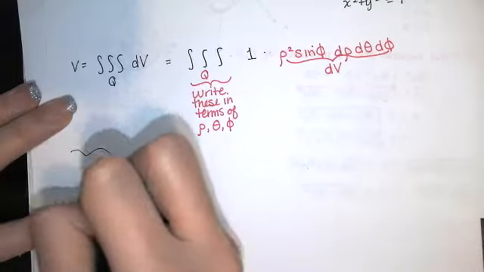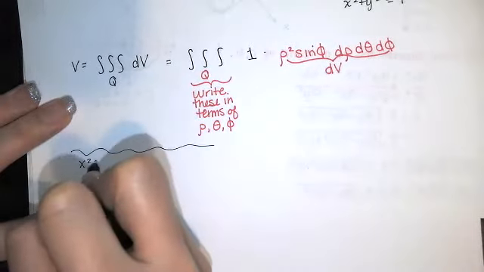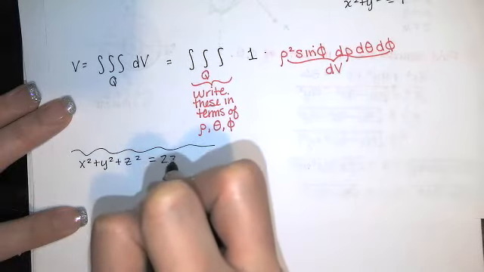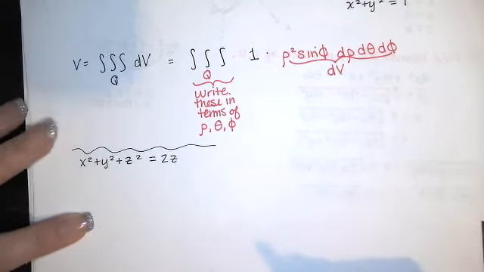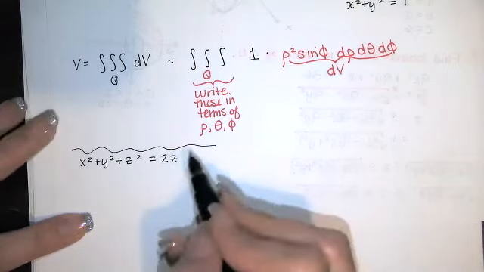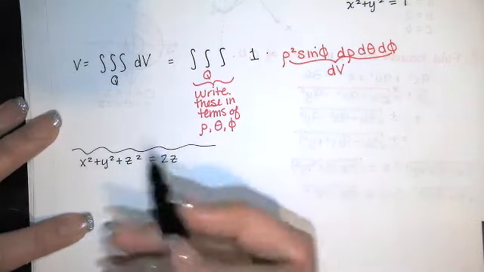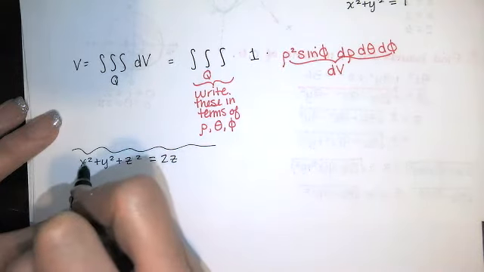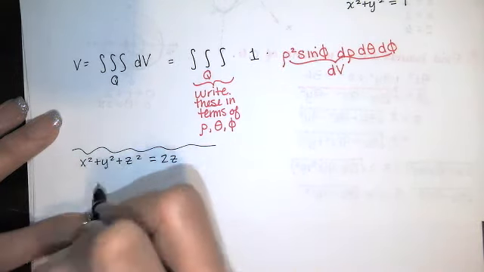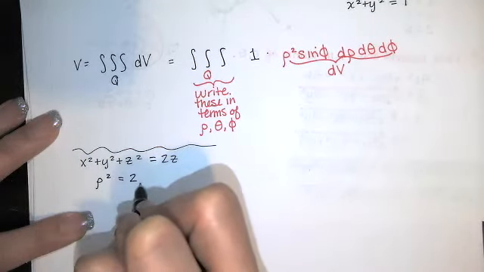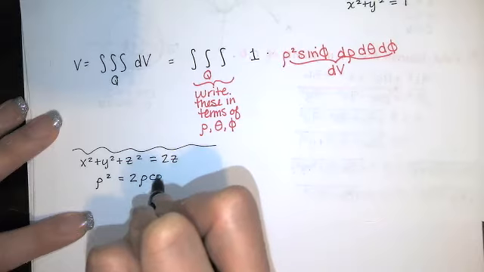We were given this as the equation of the sphere earlier, and we'd like to write it as an equation for rho in terms of theta and phi if possible. Given this form, it's pretty easy. x squared plus y squared plus z squared is rho squared, and 2z is 2 rho cosine of phi.